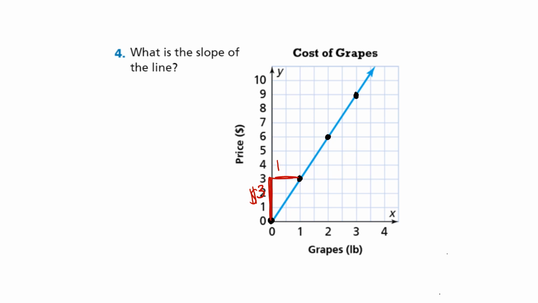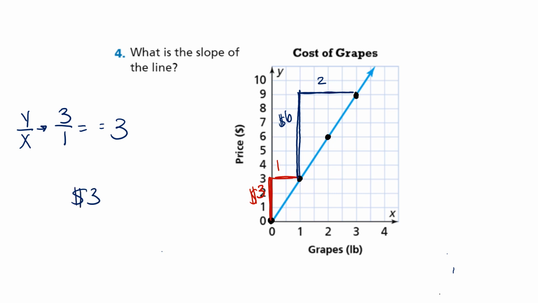You can skip your points and still get the same answer. So I can rise $6 and I can go 2 pounds of grapes. So when we set up that fraction, y over x, 3 divided by 1 is 3. My slope is $3 per pound of grapes.